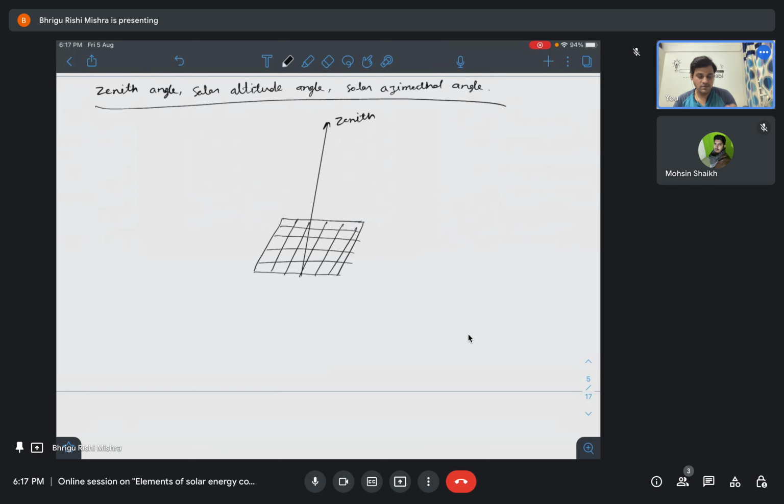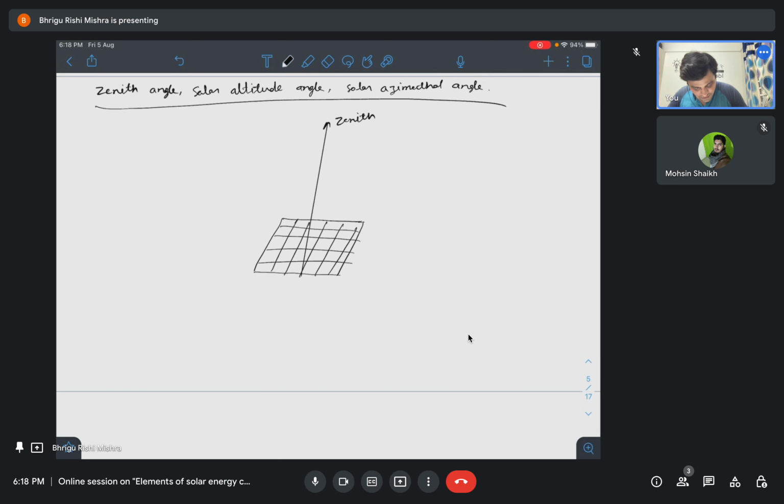That means the vertical line. Suppose I have this device, so the perpendicular to this plane is my zenith. So this line, zenith, is the vertical line, or you can say vertical line on this horizontal plane.